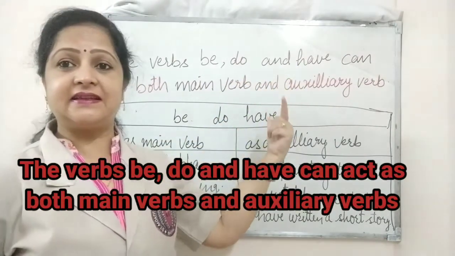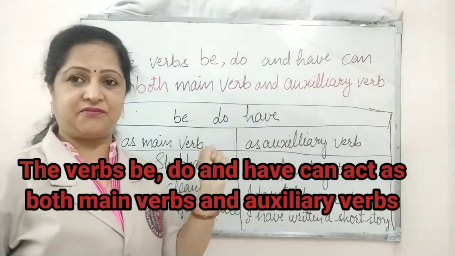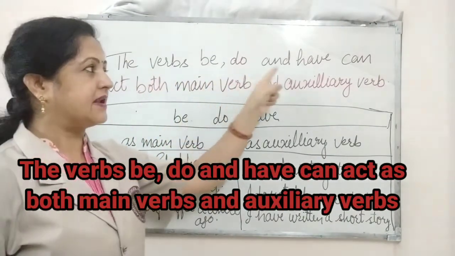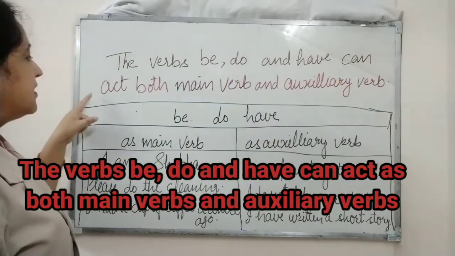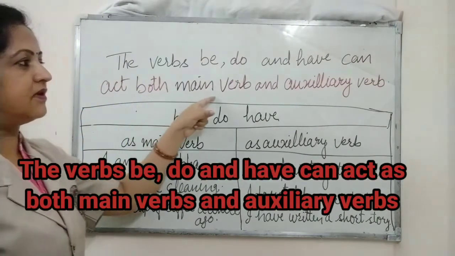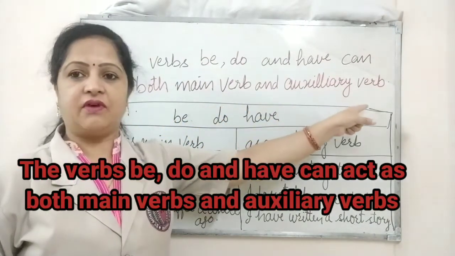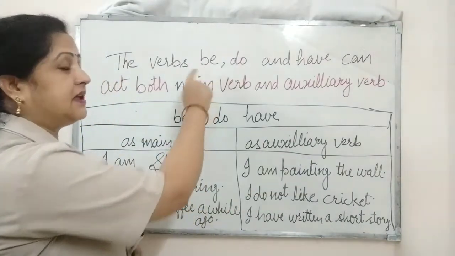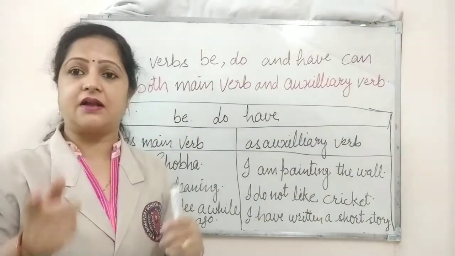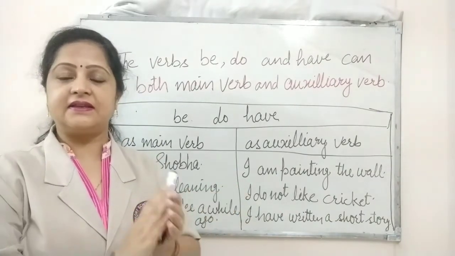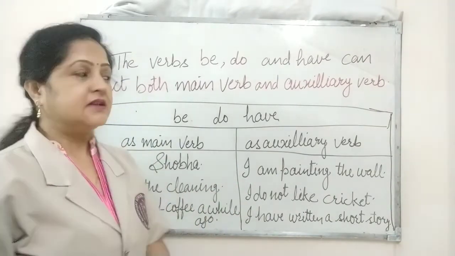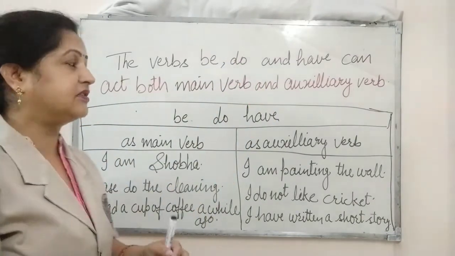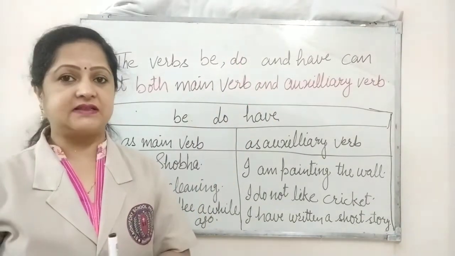We considered these verbs as auxiliary verbs, but now the verbs be, do and have can act as both main verb and auxiliary verb. Be means is, am, are, was, were, all these come under be.